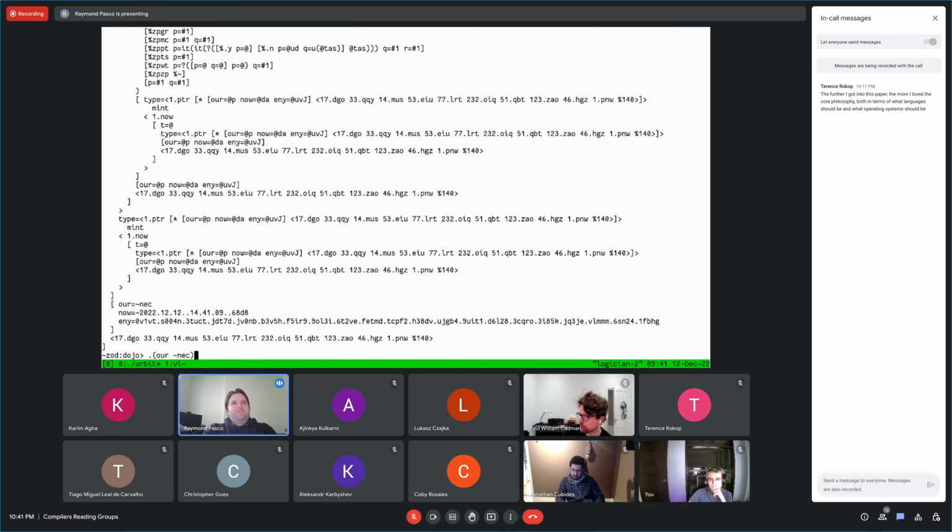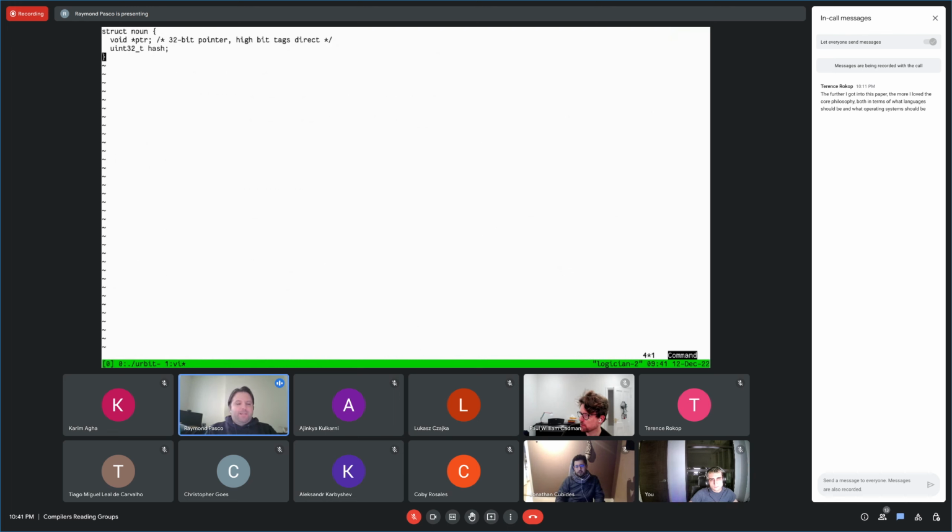Naively, you would expect that this would involve copying extremely giant binary trees around, but it doesn't, because the indirection is through this hash, which is lazily computed in every noun. The actual struct noun in the VM is going to be a bit more complicated than this, but these are the important parts.